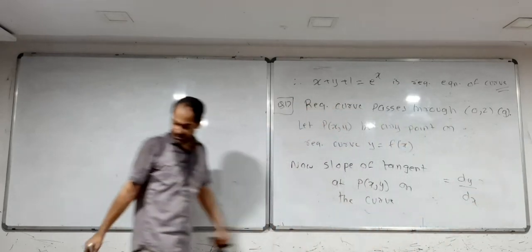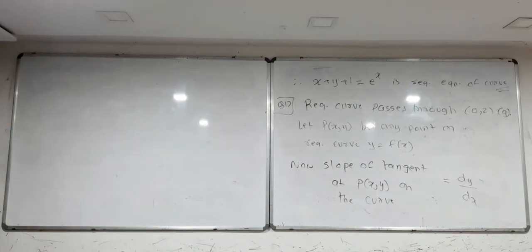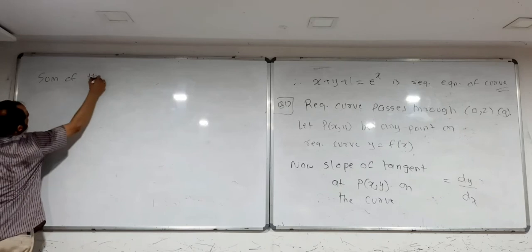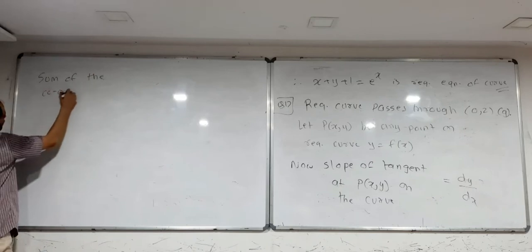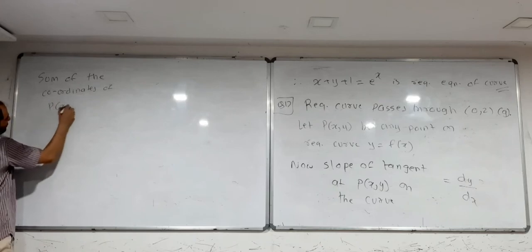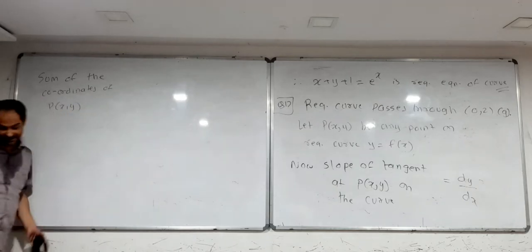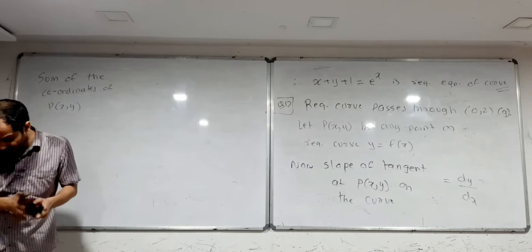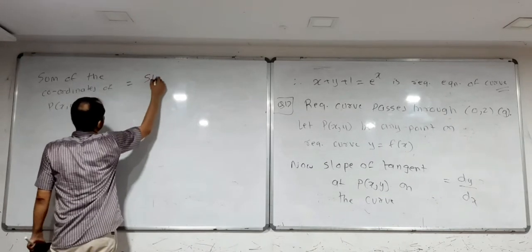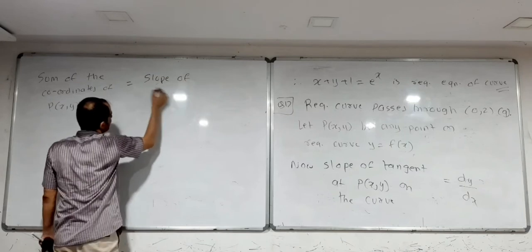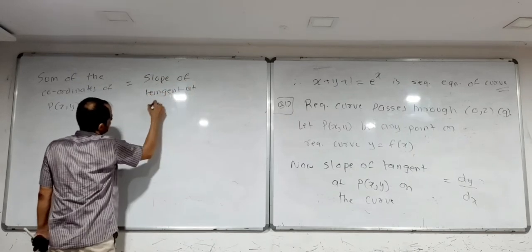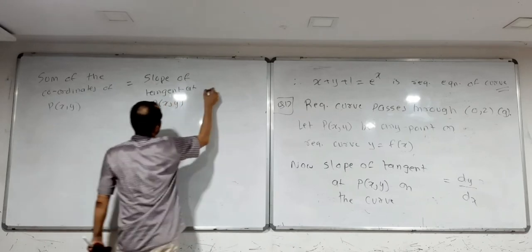What happens? Sum of the coordinates of any point, मतलब here sum of the coordinates of the point P of x y exceeds, ये ज्यादा है, the slope of the tangent to the curve by 5. So can I say the sum of the coordinates is equal to the slope of the tangent at P of x y plus 5.